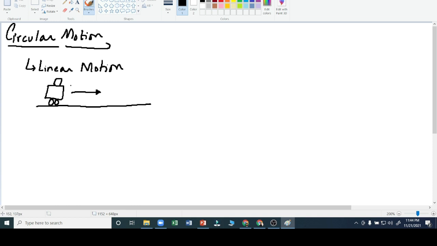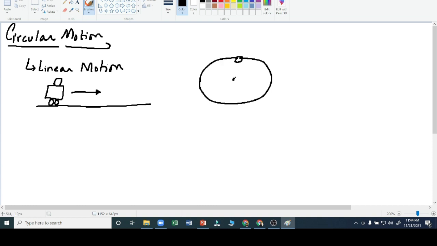Okay, what about circular motion? For example, we have a stone tied with a string, and this is the center, and it is moving in a circle.